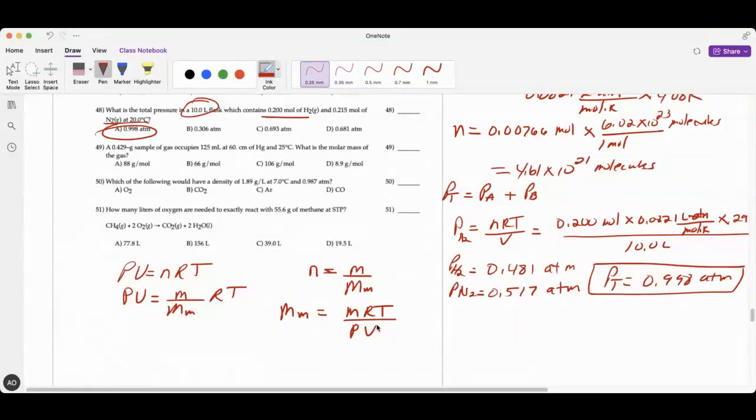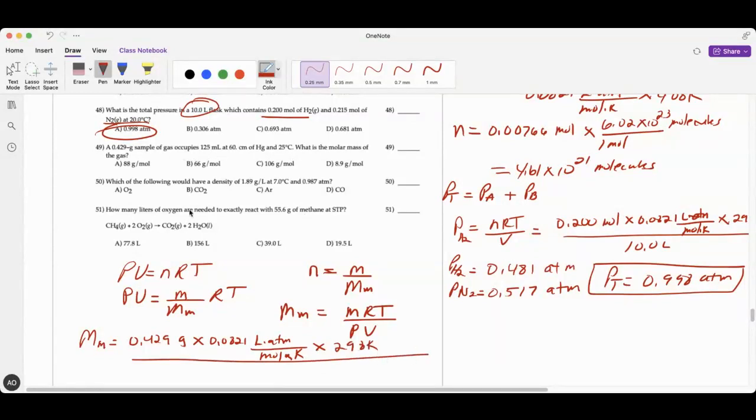So what are we being asked? Molar mass. The mass of the sample is 0.429 grams times R, 0.0821 liter atmospheres over mole Kelvin, times the temperature, which is 298 Kelvin.